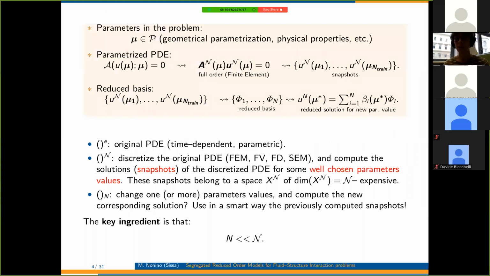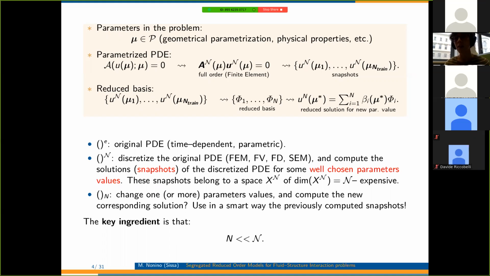And the answer is no, and this is where the reduced basis method comes into play. As I said, you have a high number of parameters, both geometrical and physical, belonging to a parameter space, calligraphic P. You start with your original problem, and then we have a first discretization step, which can be carried out with the finite element method, but also finite volumes, spectral element methods, and whatever you want.